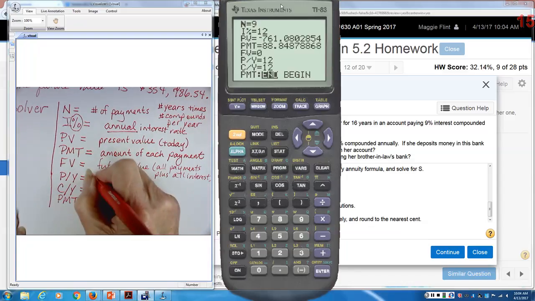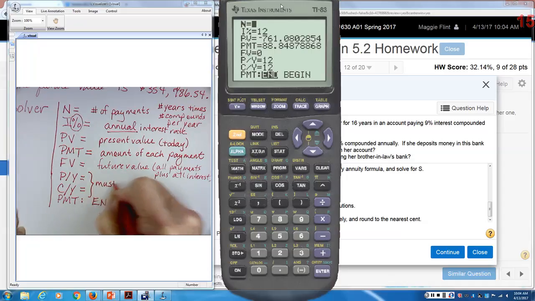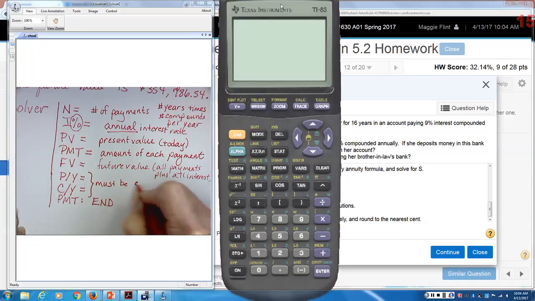These two things have to be equal. And what it is the number of payments or compoundings per year.